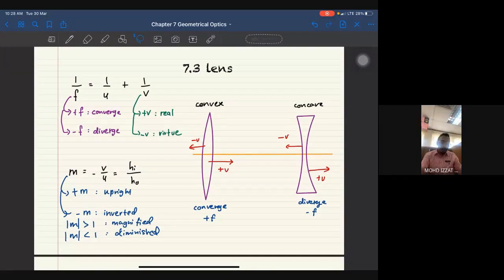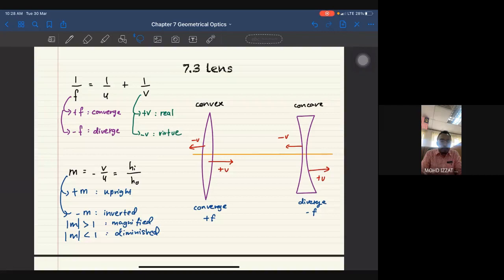Okay. One more thing, important parts pasal the difference between lens and mirror. Kalau mirror dulu, if you guys still remember, we have an equation where if you are given the value of radius r, you can find the focal length by dividing r by 2. So r is equal to 2f.